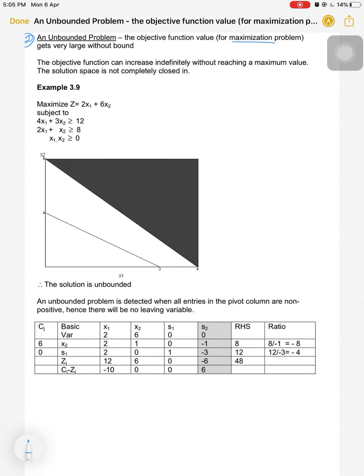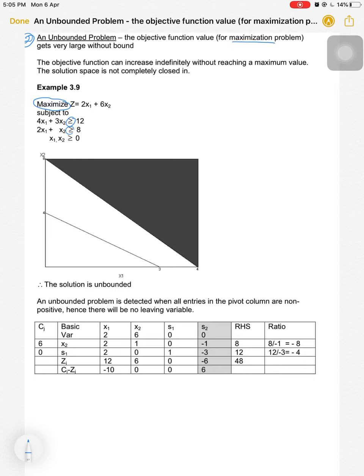Okay, so example 3.9. Here we have maximization problem. Then we have 4 constraints. That means first step, we have to plot all constraint on the graph. Here constraint number 1, we have larger than constraint.